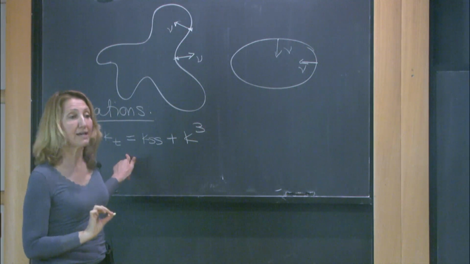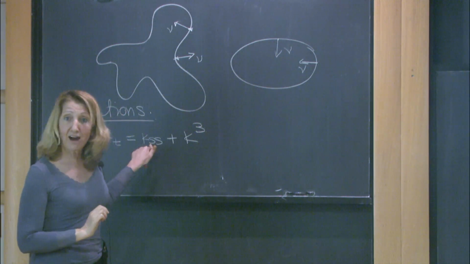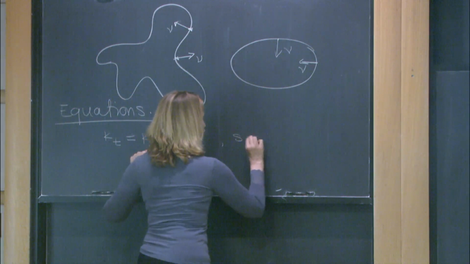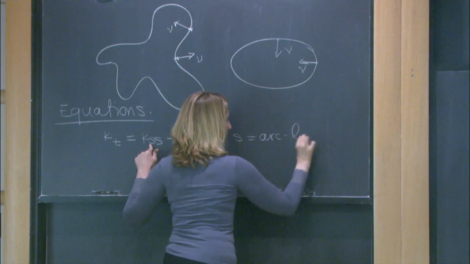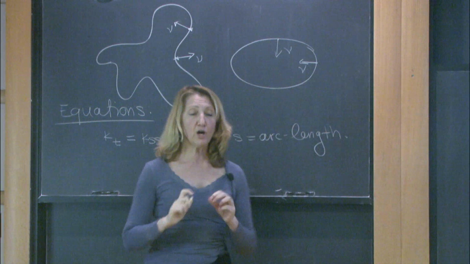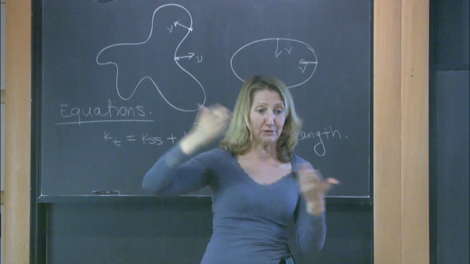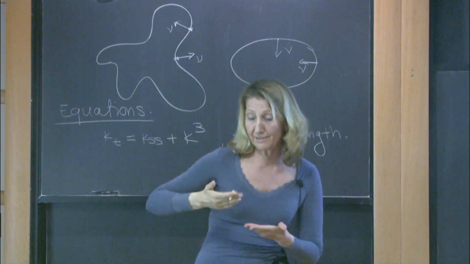Now this is a little misleading. It's not as easy as we think, because s is arc length. If the curve is changing, the curvature is changing and the arc length is changing.